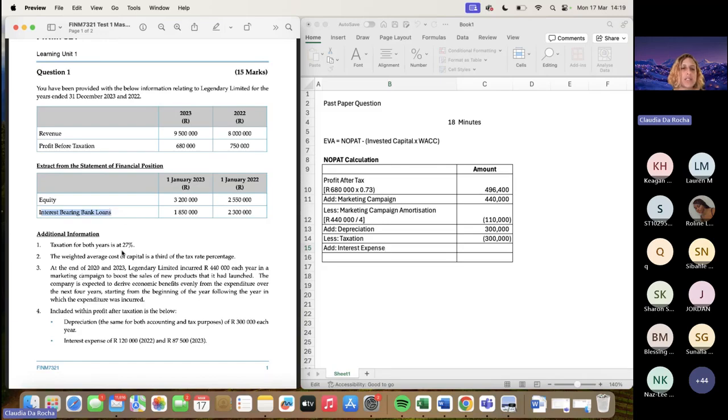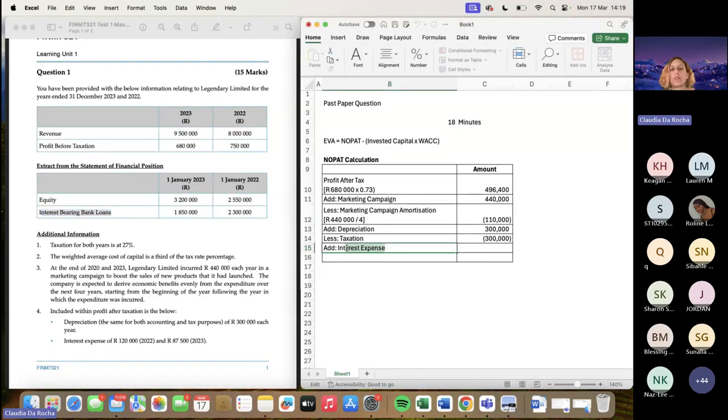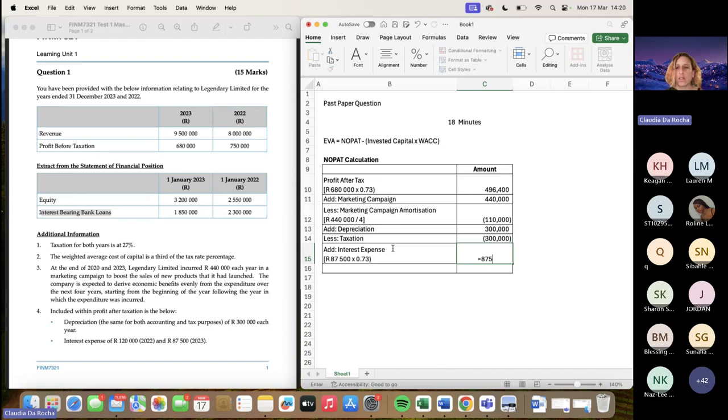Therefore, the interest that needs to be included in NOPAT, well, we shouldn't have interest in there because we've got the interest bearing of the previous year. Okay, so we're going to add that in there. So our calculation, and always has to be after tax, we take the interest for 2023 times 0.73 because our interest rate is 27%. 63875.